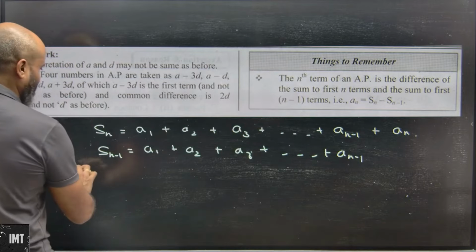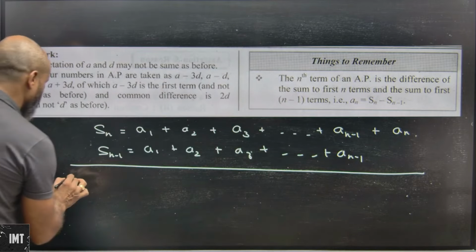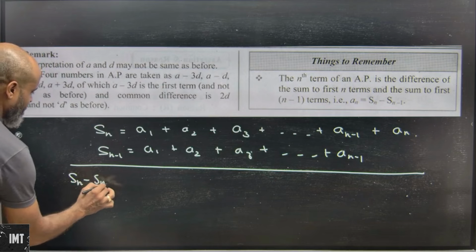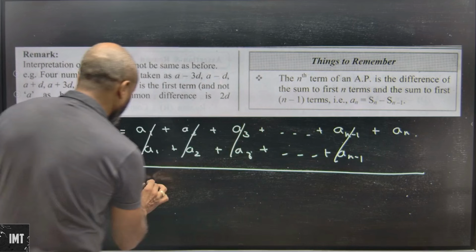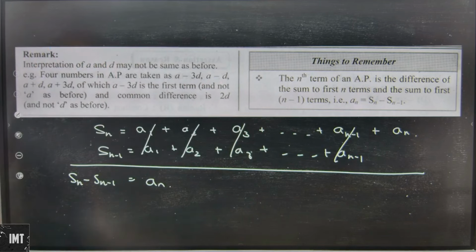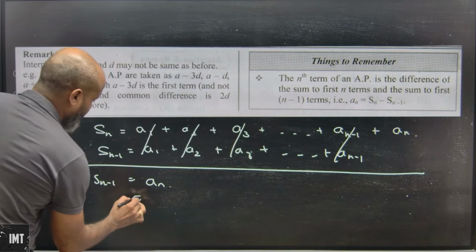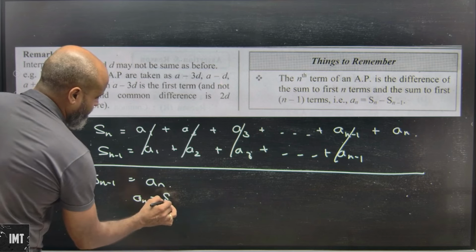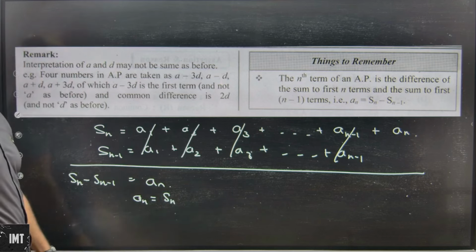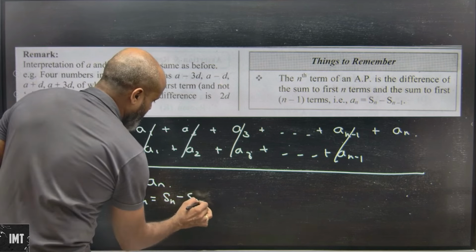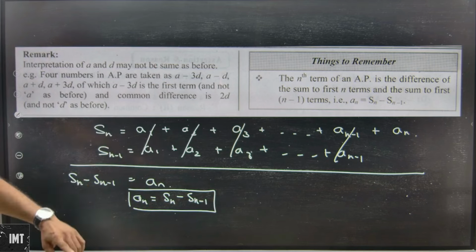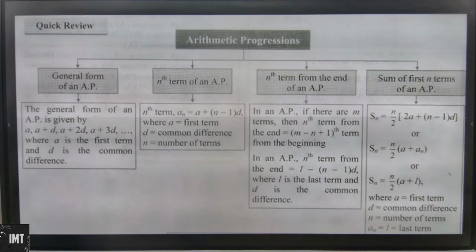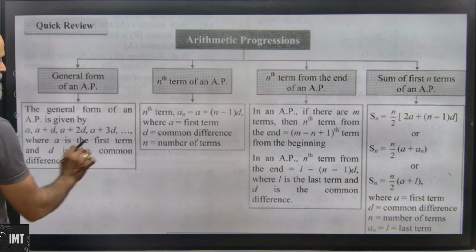If you subtract these two, in Sn minus 1 everything gets cancelled, and so on and so forth. You get An. So the nth term of an AP can be expressed as the sum of n terms minus the sum of n minus 1 terms.